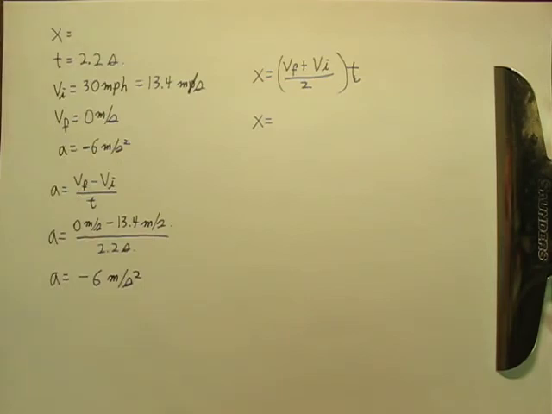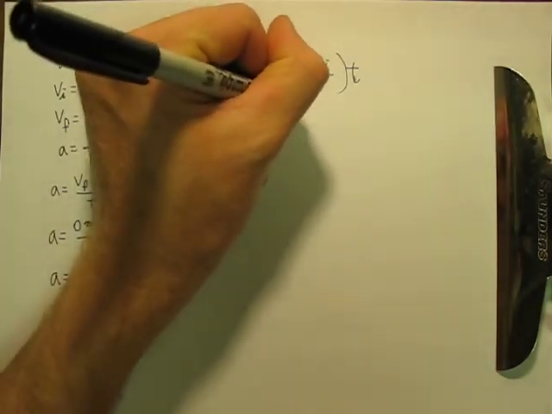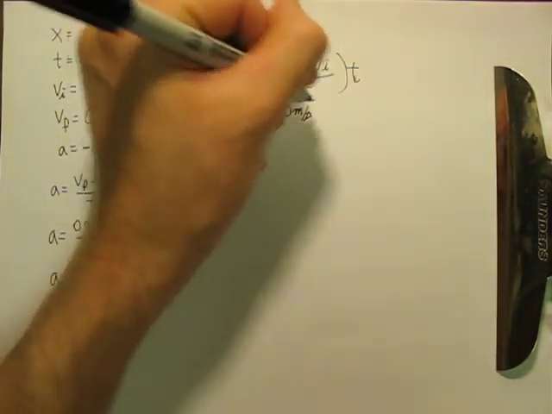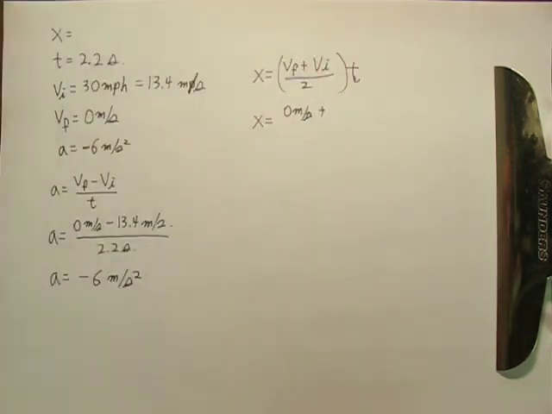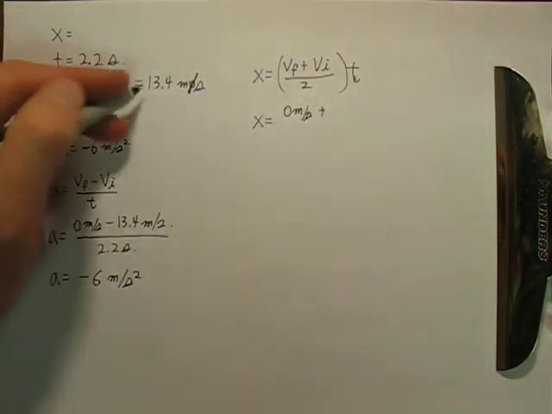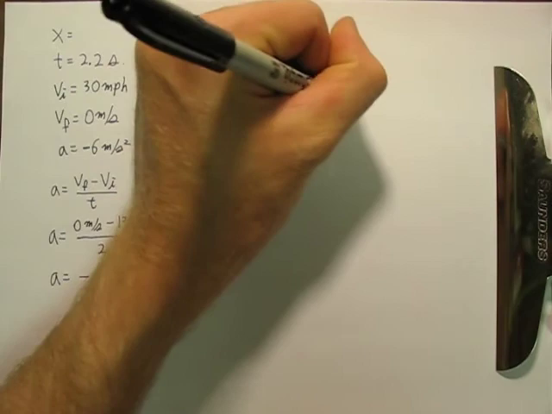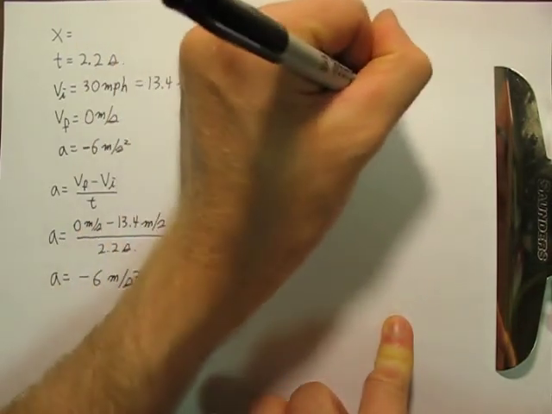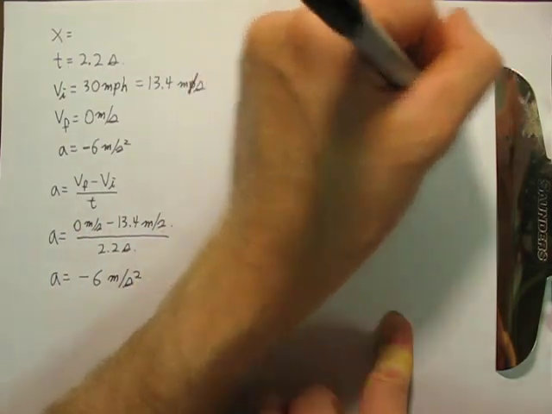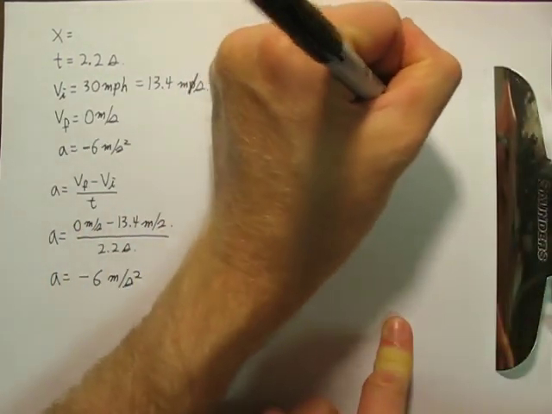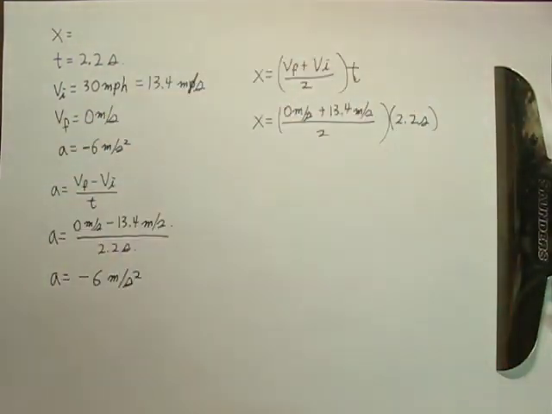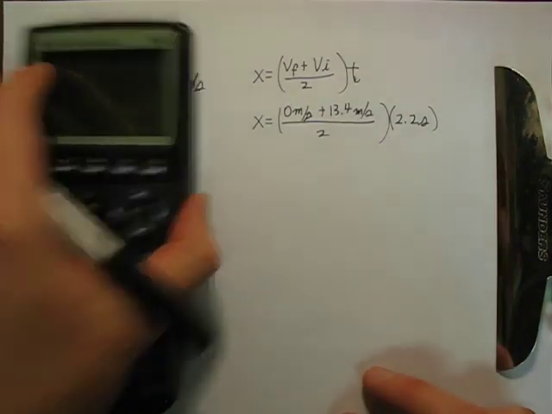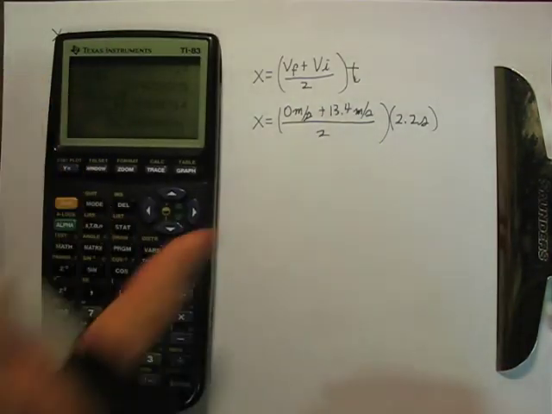Okay, x equals V final is 0 meters per second, plus my Vi, which is 13.4 meters per second. We divide that by 2. We multiply it by 2.2 seconds. And do it on your calculator. Get out your calculator.